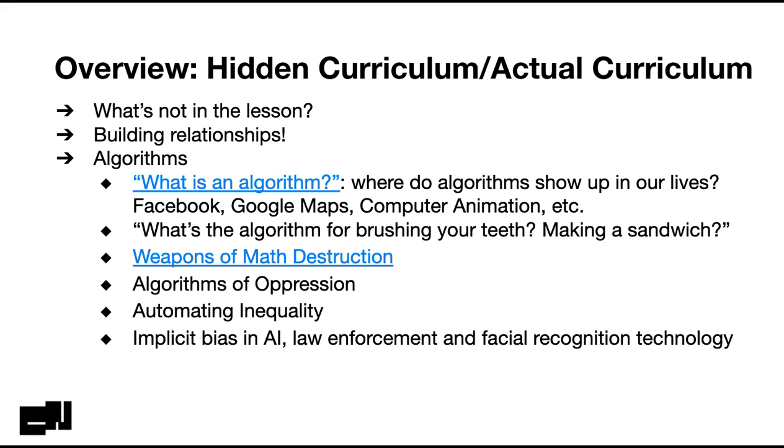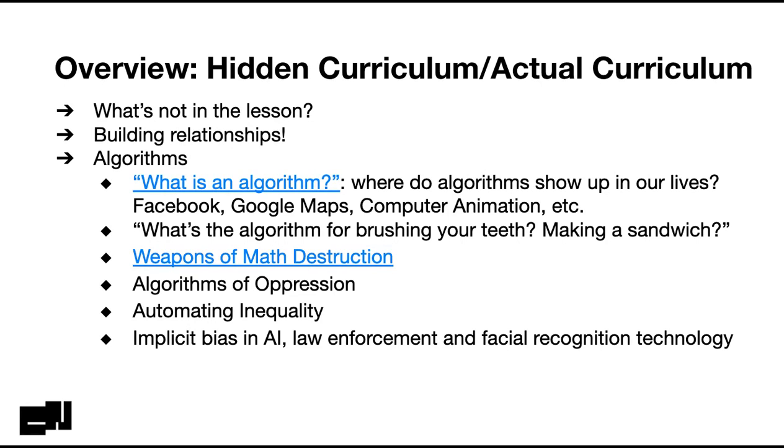Another thing that I think about with this dichotomy of hidden curriculum versus actual curriculum is building relationships. We spent a lot of time in the volunteer training talking about building relationships, and I think it's something that we need to continue to coach volunteers on throughout the year, especially at this point in the curriculum, Unit 7, because things are starting to get a lot harder, and we want to create a space where students feel safe so that they can struggle and have a productive struggle with these really challenging concepts.